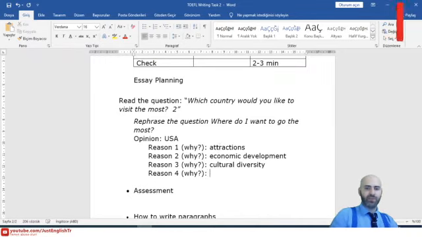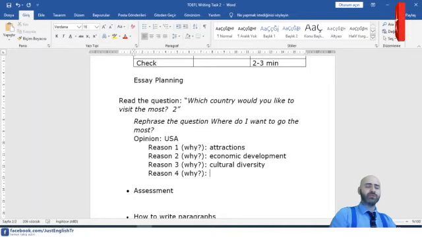Another reason why I want to go to the United States can be Hollywood. Not just any attraction, but I'm interested in movies and Hollywood, and I would like to meet some movie stars.